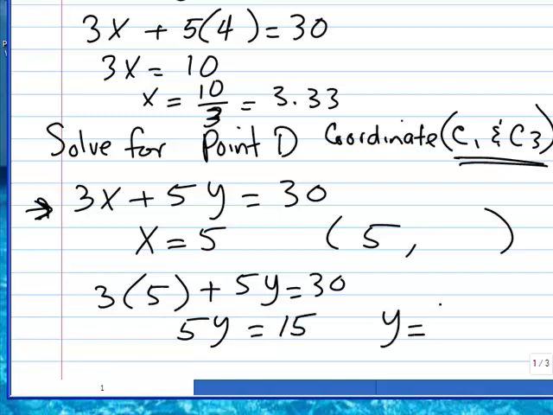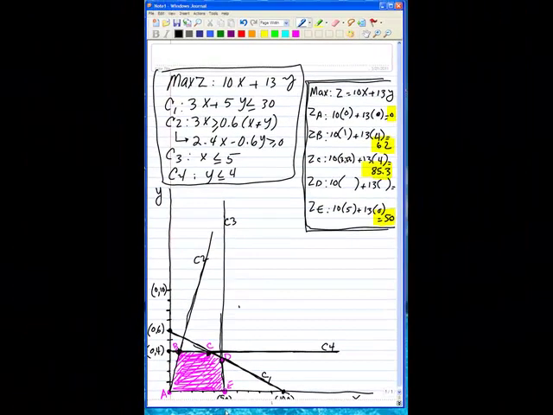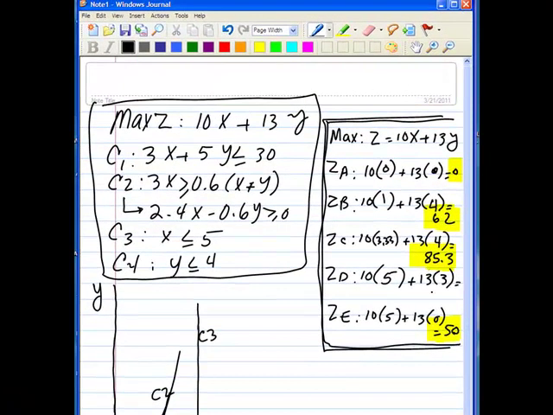So y is equal to 15 divided by 5, which is 3. Now we have solved for the point (5, 3) at point D. So I will plug in 5 and 3 in here, and I will solve for z to be 89 at that point.